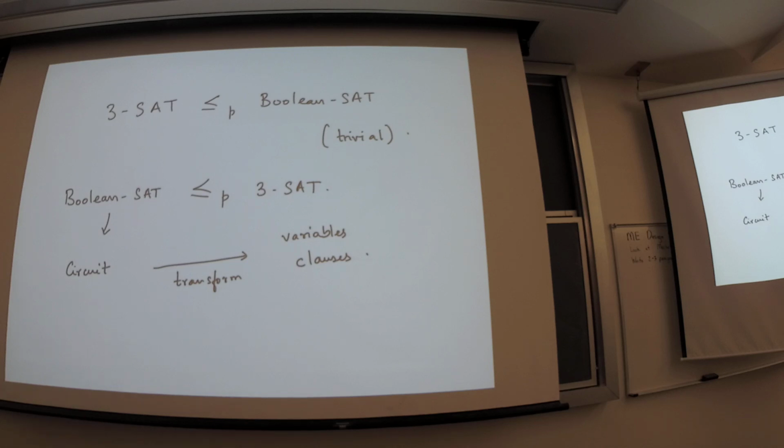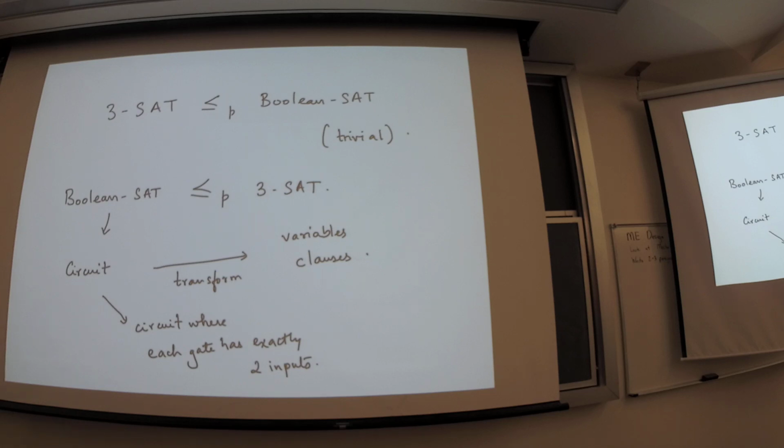The first simplification is from an arbitrary circuit to a circuit where each gate has exactly two inputs. If it's a NOT gate, of course it only has one, but all the AND and OR gates have exactly two inputs.